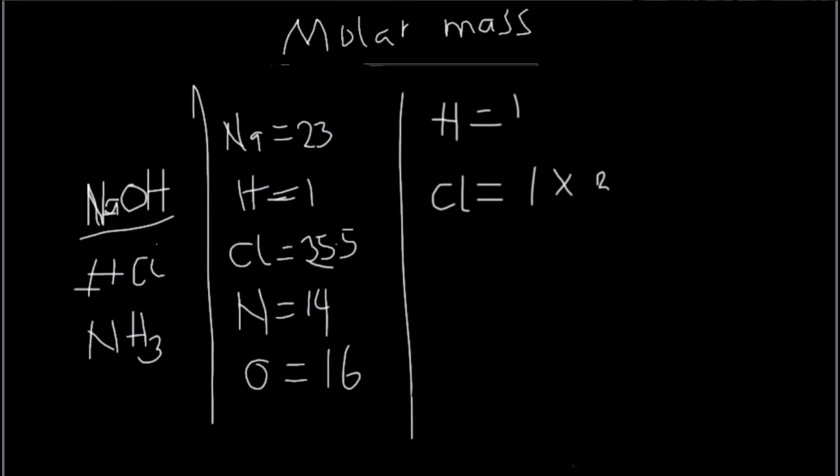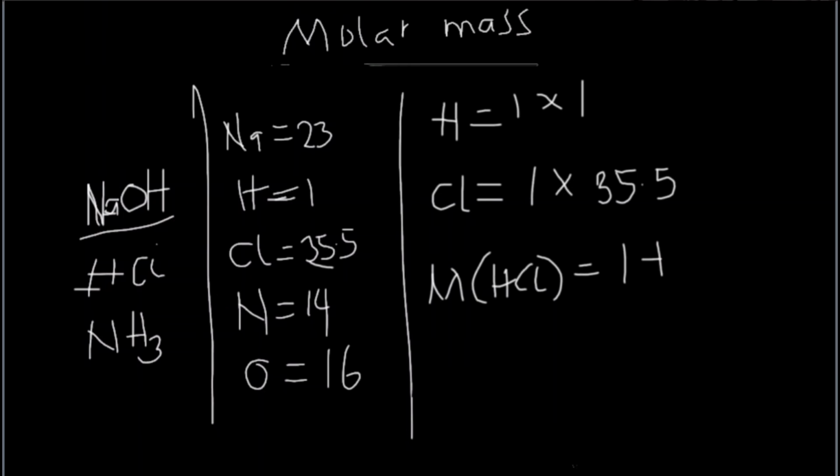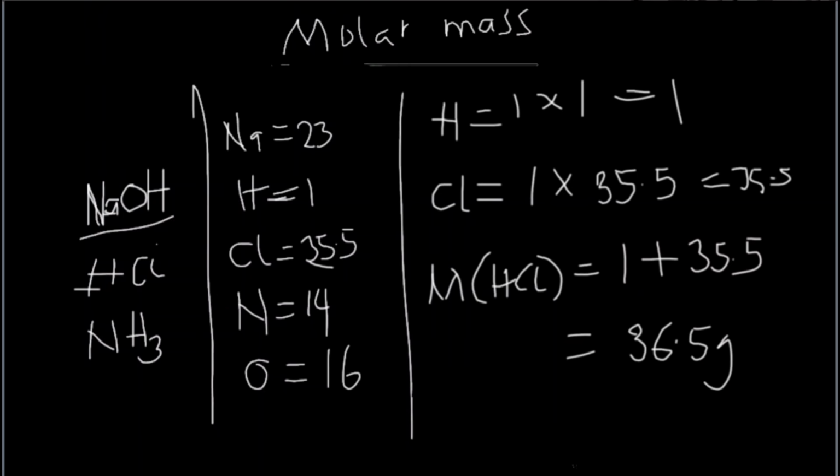For chlorine is 35.5. For hydrogen is 1. So 1 times 1. So the molar mass of HCl will be equal to 1 plus 35.5, so 1 plus 35.5 will give you 36.5 grams per mole.